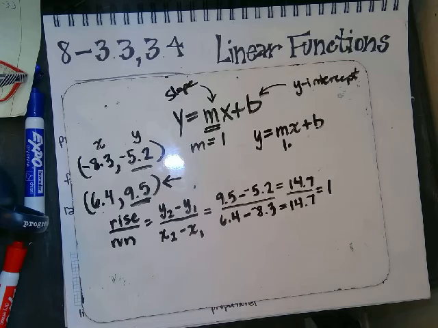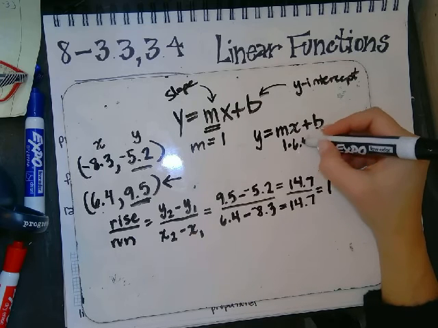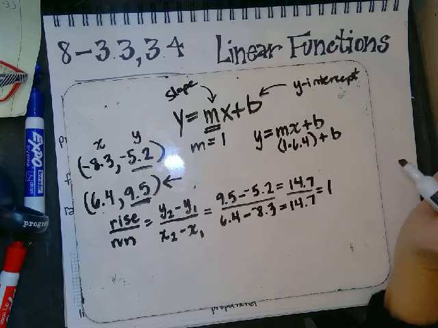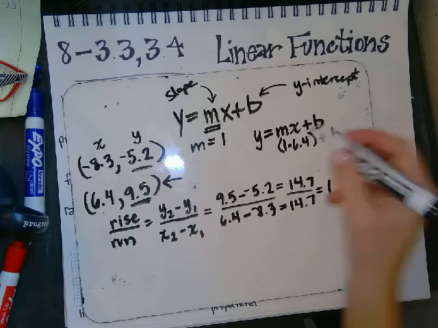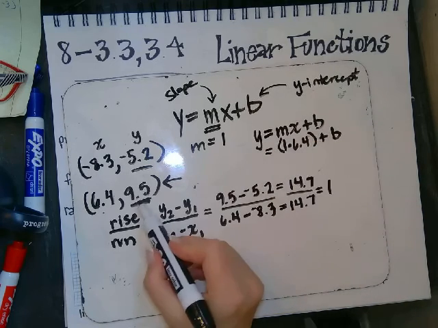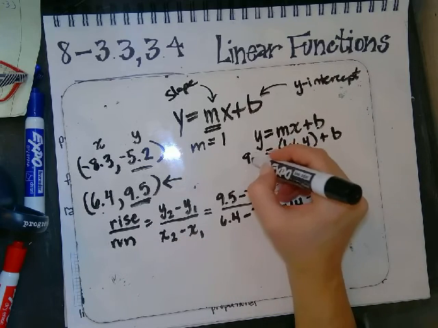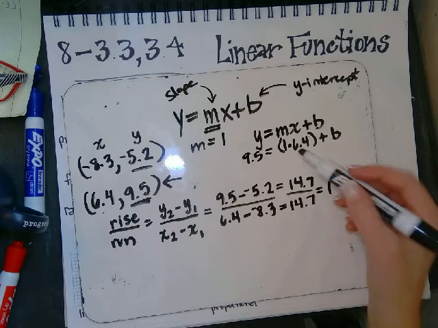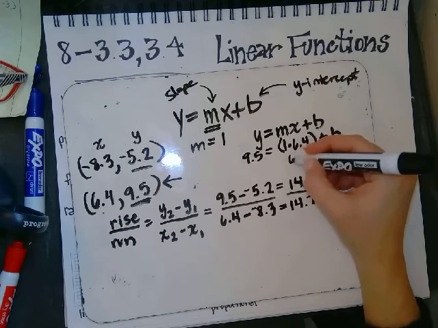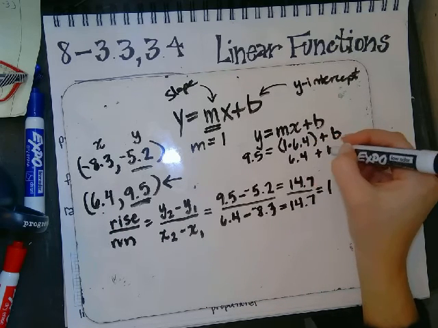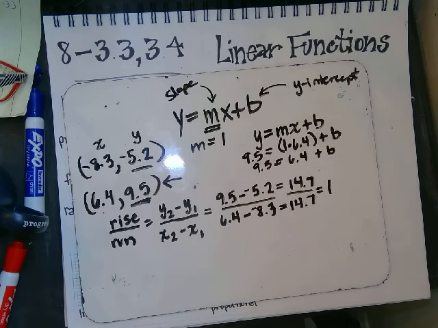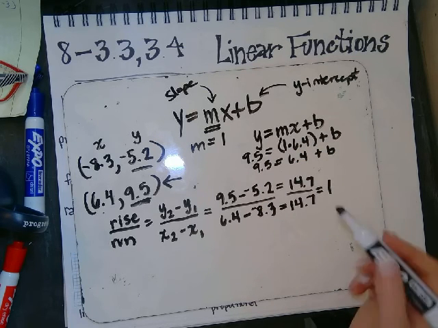I am going to use this pair of points, so I'm going to put in 6.4 for x. I don't know the b, the y-intercept, that's what I'm trying to find, so I'm going to leave that as plus b. And my y is right here, my 9.5, because that is the y-coordinate that goes with this x-coordinate. 1 times 6.4 is 6.4, so I have 6.4 plus b equals 9.5.